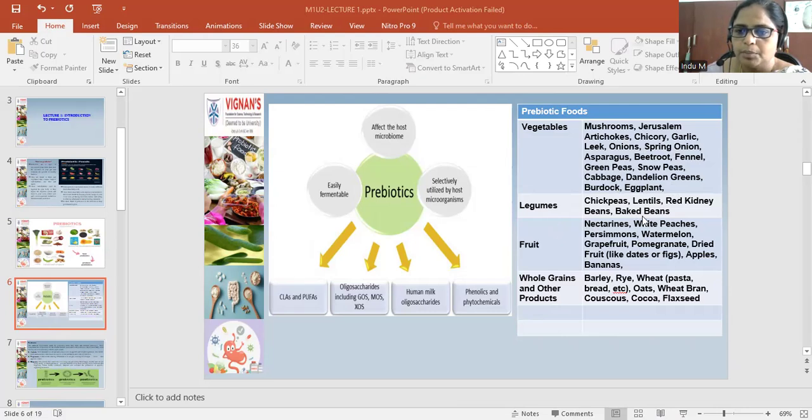Whereas come to the legumes: chickpeas, lentils, red kidney beans, baked beans, and then come to the fruits: nectarines, white peaches, persimmons, watermelon, grapefruit, pomegranate, dried fruit, apples, and bananas. And whole grains and other products also come under the prebiotic food. They are barley, rye, wheat, oats, wheat bran, couscous, cocoa, and flax seed.